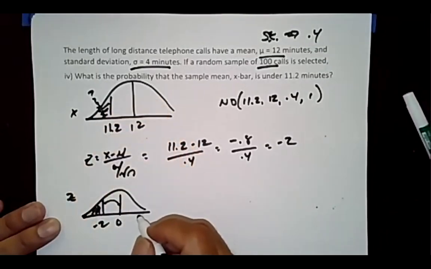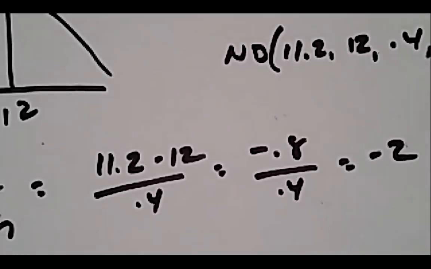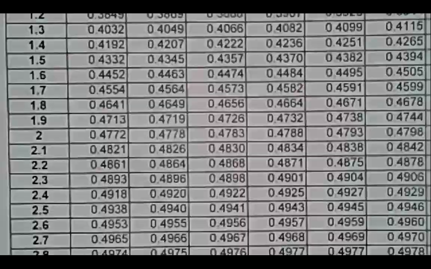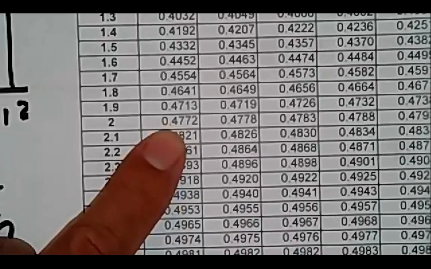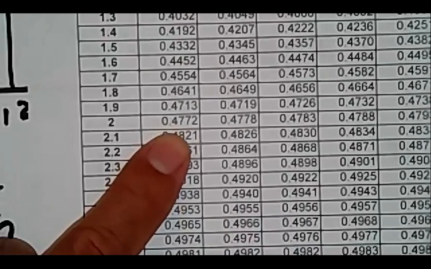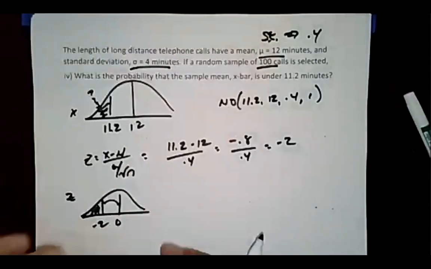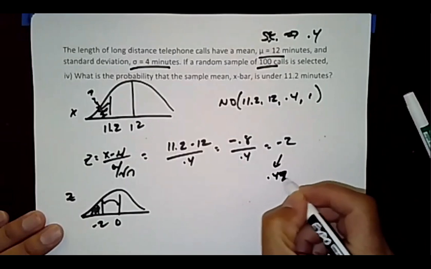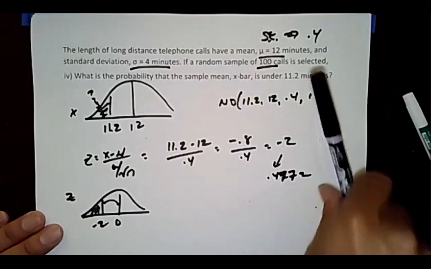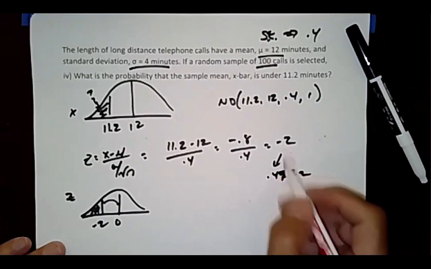Looking at my z chart, 2 is 0.4772. 0.4772 is distance from the mean.